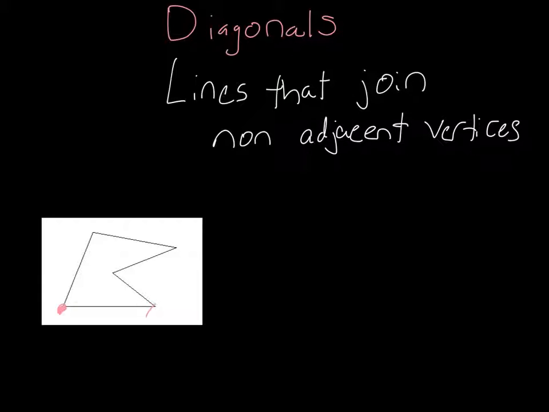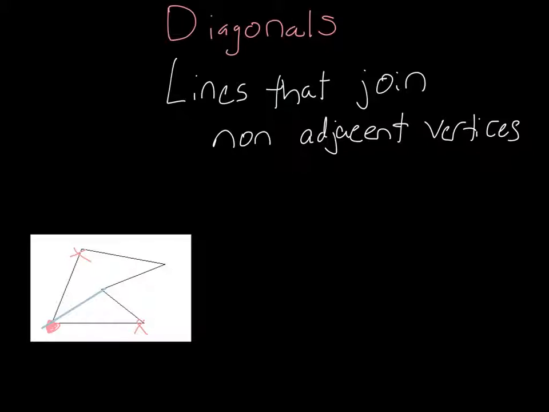So this one here is an adjacent vertex, and so is this one. So a diagonal will be a line from this vertex here to the other vertices, which are not adjacent. So this blue line that I just put in here is a diagonal because it connects a vertex to another and they're not next to each other, okay?